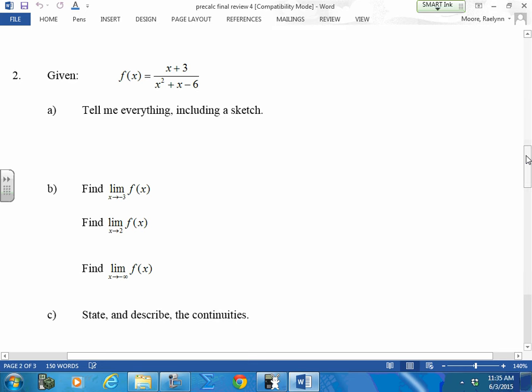So first tell me, do I have a domain restriction? Is a fraction necessarily giving a domain restriction? Yeah. Because I have a variable in my denominator. And that variable, whatever I put in there, cannot cause that to go to 0. So I say, oh, let me set this equal to 0. I have to factor.